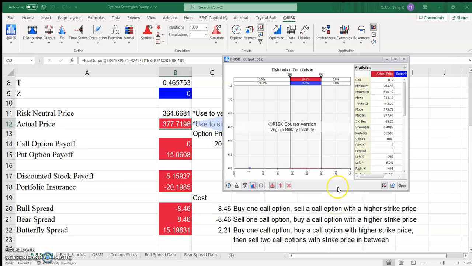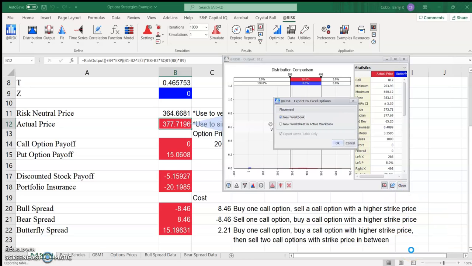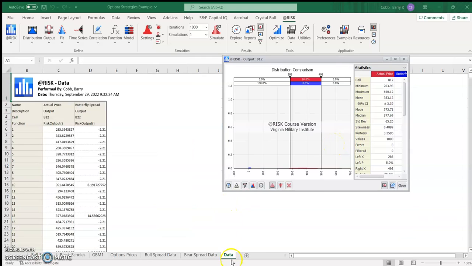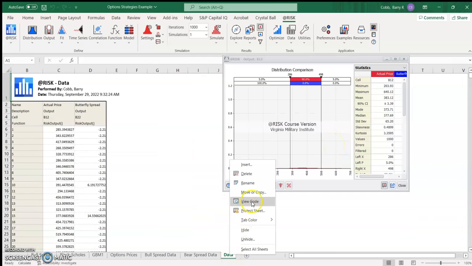Main reason we create the overlay, though, is to export the data. So if we go over here to export and export to Excel, and we'll use a new worksheet in the active workbook. So I'll rename this tab Butterfly Data.